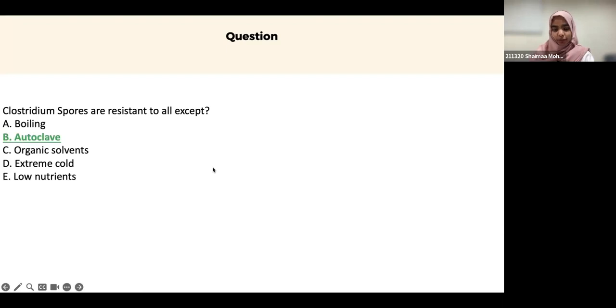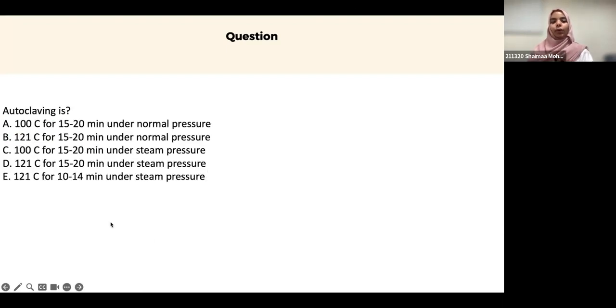And speaking of an autoclave, what is it? D. Yes, so basically it's 121 degrees Celsius for 15 to 20 minutes under steam pressure.